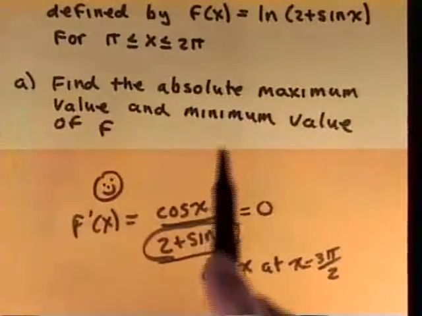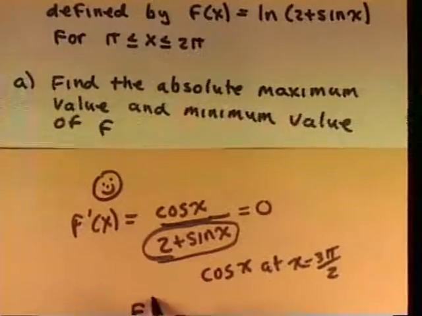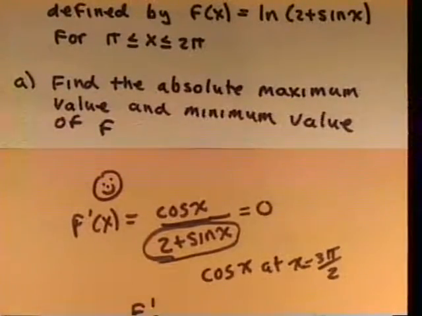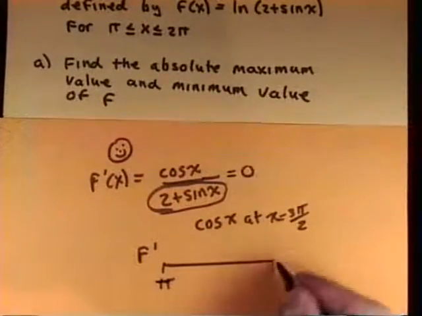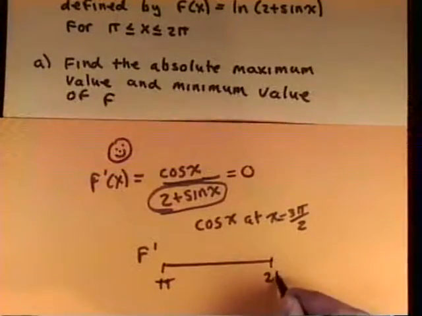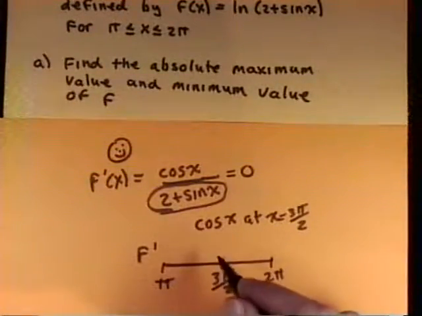Okay. So how do we find the absolute max and min? Well, first we could make a number line and do the first derivative test, and find out whether it's a max or a min. What number do you want to plug in between pi and 3 pi over 2?